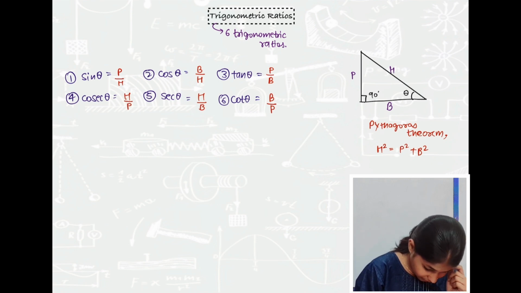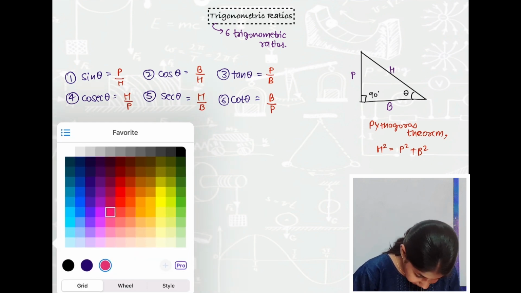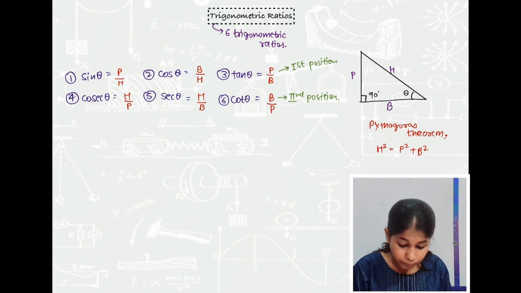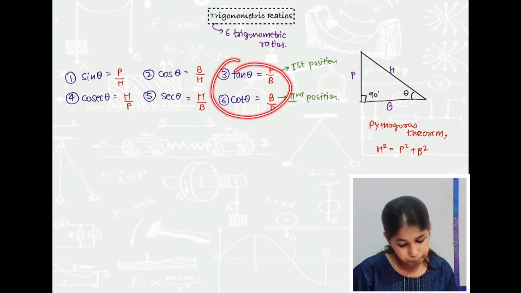Let me write here. This will be in first position and this will be in second position. You just have to compare only these two ratios.